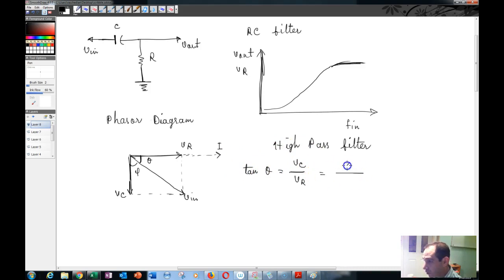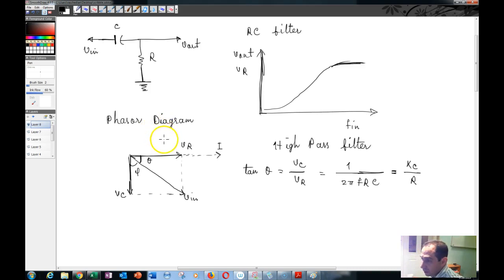One of them is 1 over 2 pi f R C, and the other one is X of C to R. So you can calculate your theta using any of these relationships, whichever one fits your situation.